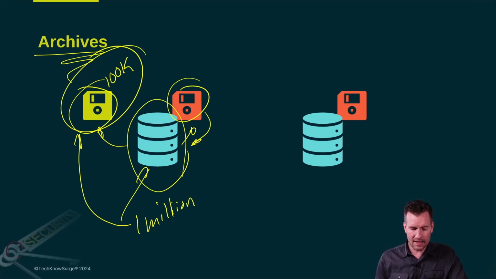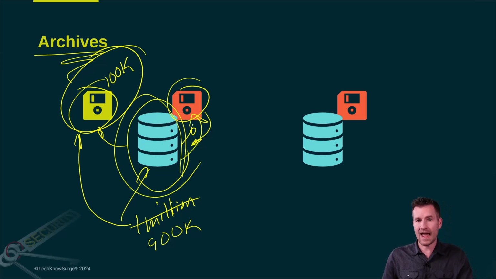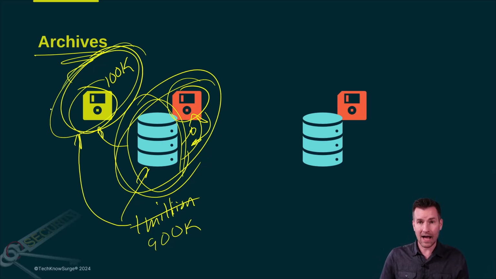Then what we'll do is remove them from our system. So now we only have 900,000, which is great because now we've increased the performance of this database system. We're only backing up 900,000 records. And so now we have some of the advantages of keeping those records off of our system, but we still have an archive copy of it in case we need to access them again.